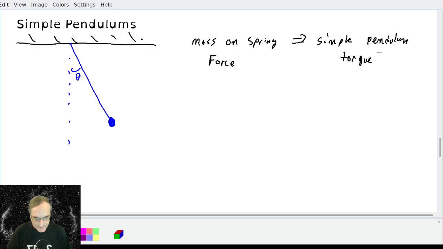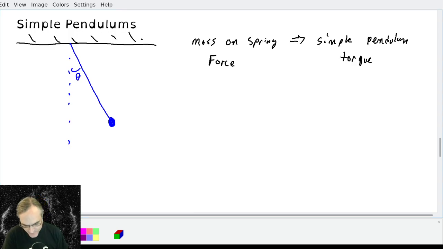So we're actually going to get the same kind of relationship, but it's going to look different because we are going to have to use torque in the end to get the result we want. We are going to find eventually the same differential equation, just with a theta where we had an x before, and an alpha where we had the acceleration a.